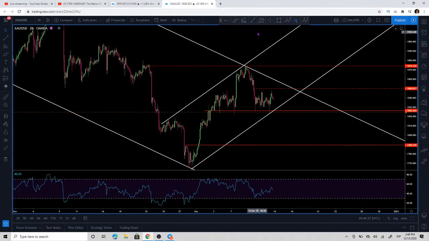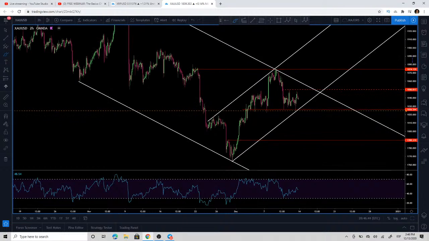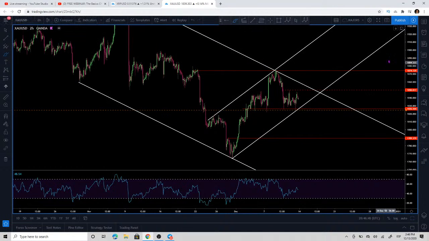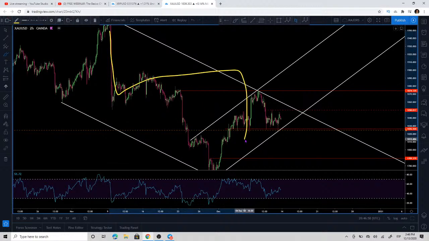I'm not saying that gold is going to continue its up move, but just based on the RSI and divergence itself, it points at a bullish breakout of the midterm bearish structure, which is this one right here.